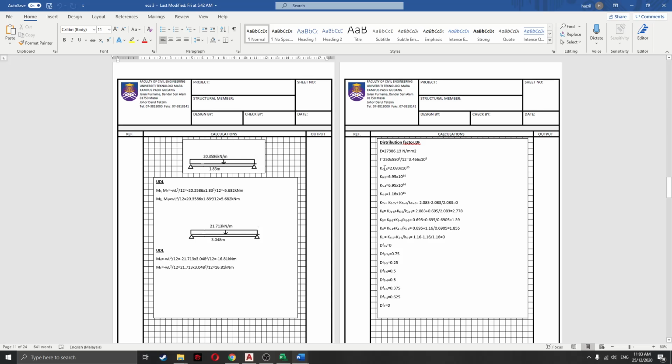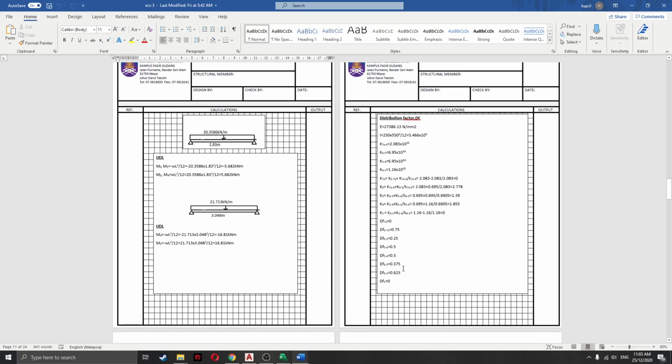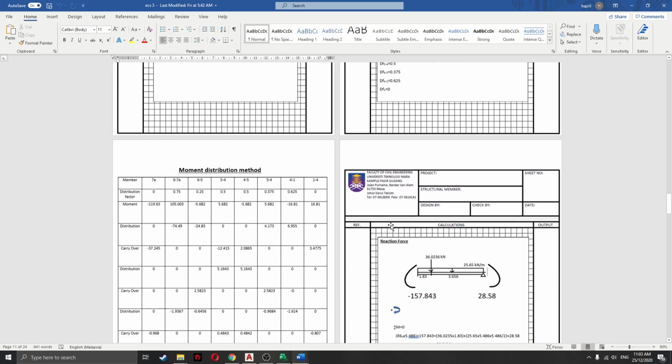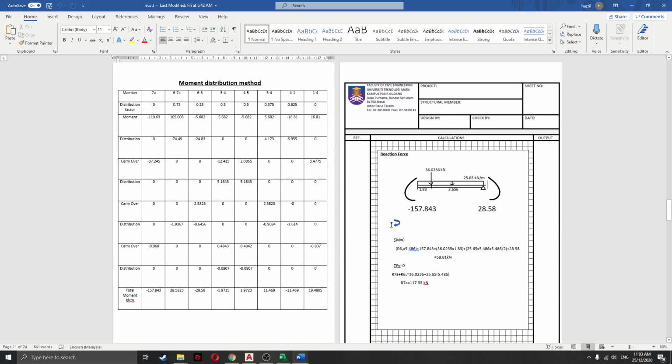So find the K, and then find the distribution factor. I get 0, 0.75, 0.25, 0.5, 0.375, 0.625, 0.